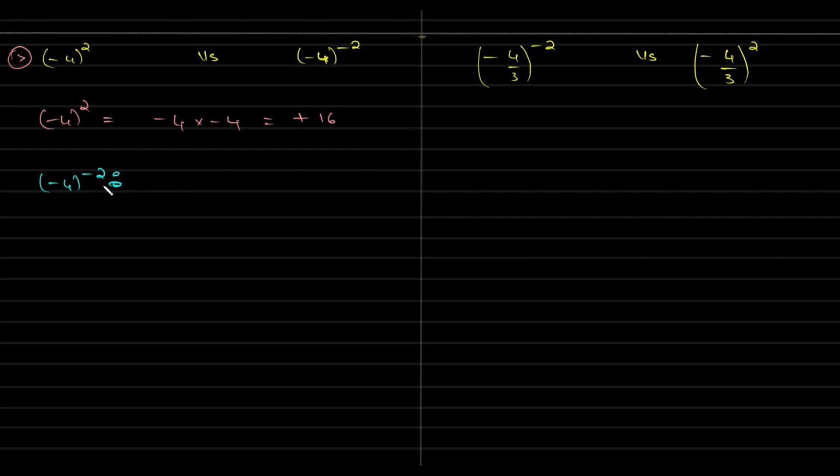So if I have to deal with the negative in the power, I have to find the multiplicative inverse of negative 4. What is it? Negative 1 by 4. If I substitute it over there, negative 1 by 4 whole square, I need to change the sign. So this means negative 1 by 4 into negative 1 by 4, which is positive 1 by 16.